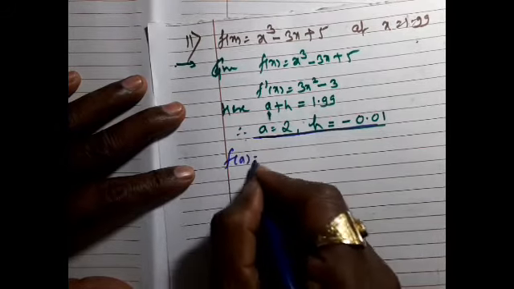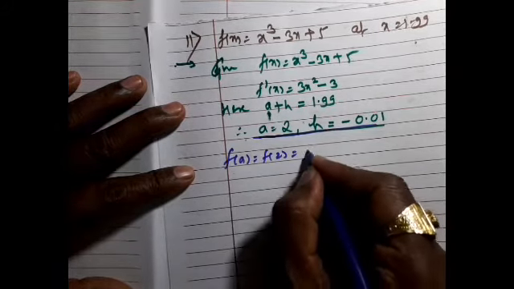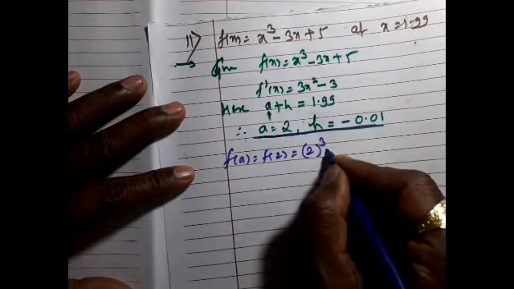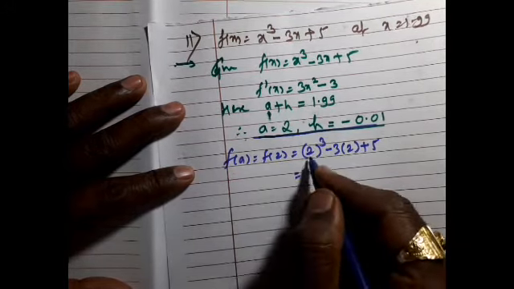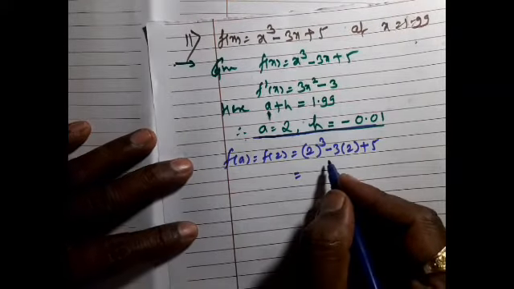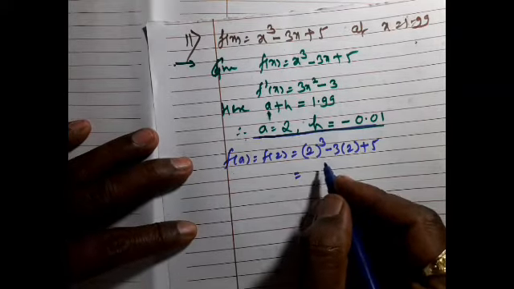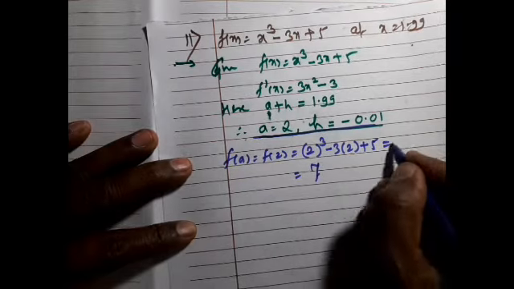Therefore f of a means f of 2 is 2 raised to 3 minus 3 into 2 plus 5, that is 8 minus 6 plus 5, which is 7.